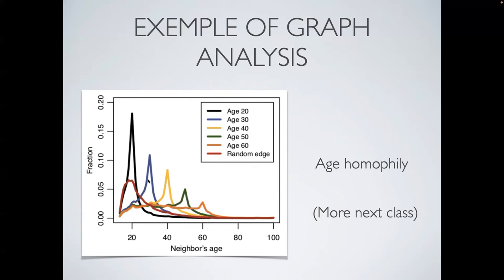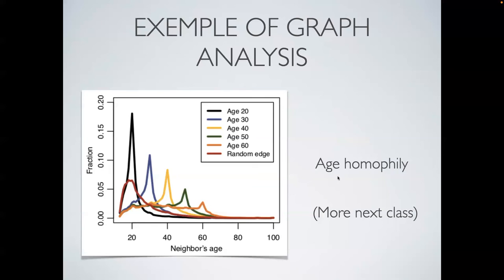The only ones that maybe do not follow this rule are people who are about 60 years old. Why? Well, maybe because people who are 60 are on Facebook mostly to keep in touch with their children or grandchildren. So maybe they connect a lot more with younger people than with people of their own age, although there is still a peak around this age.